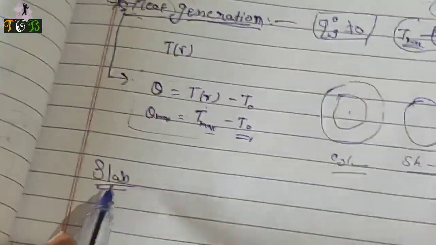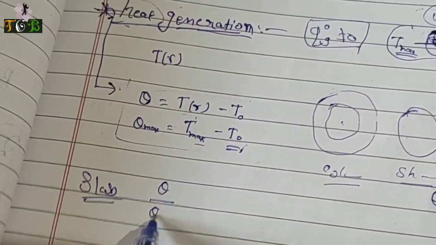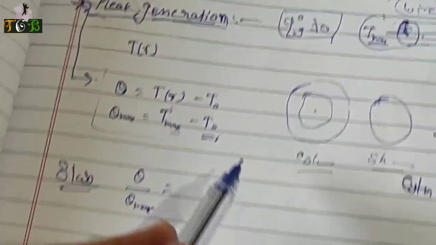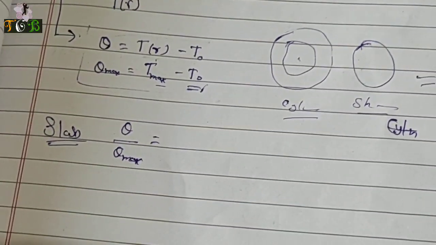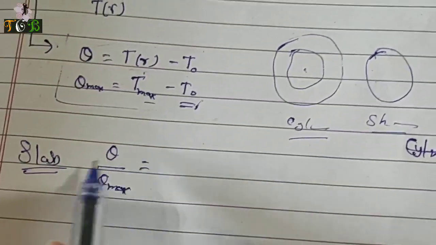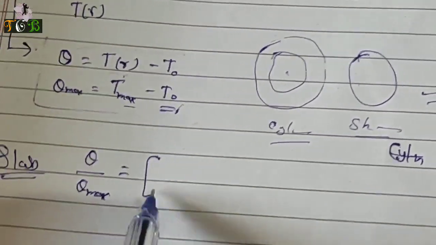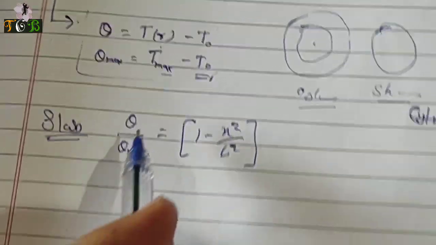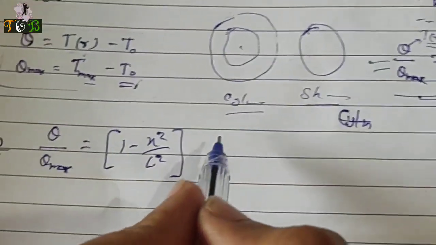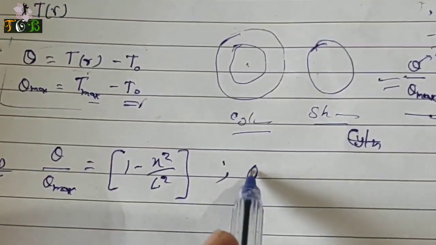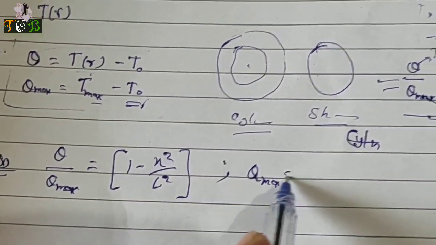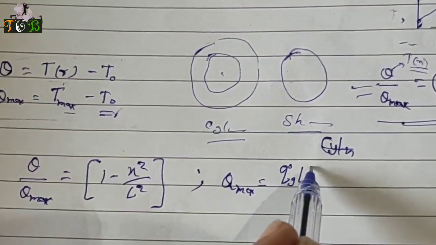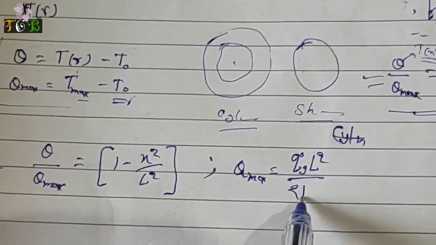For a slab, what was the formula? Theta by theta max. We have done all the derivation of how it came in our previous video, so I'm just writing the formula directly. It's going to be 1 minus x square divided by L square. And remember the most important thing, that theta max is equal to Qg L square divided by 2K.